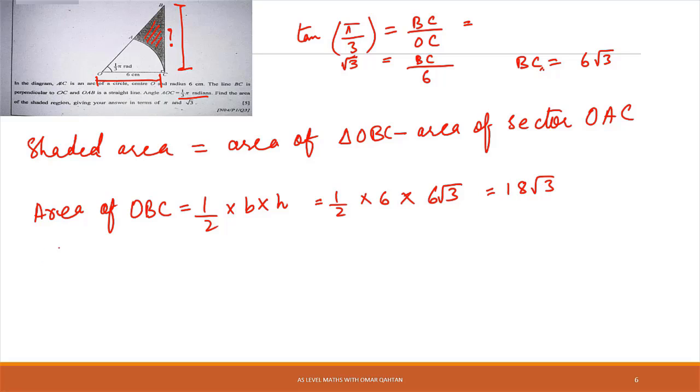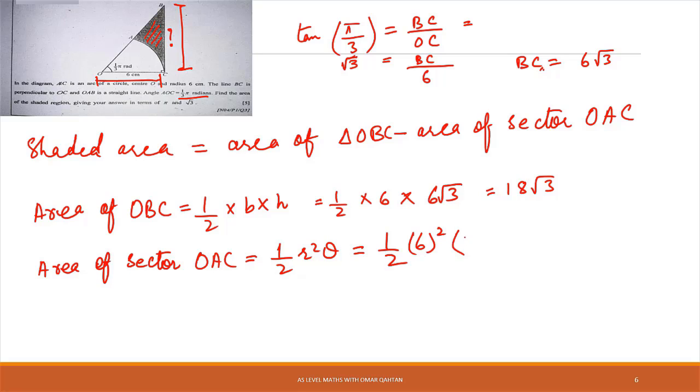Alright, now we will find the area of sector OAC. It will be half r squared theta generally, so half. The radius that we have here is 6, so 6 square, and theta is pi upon 3.